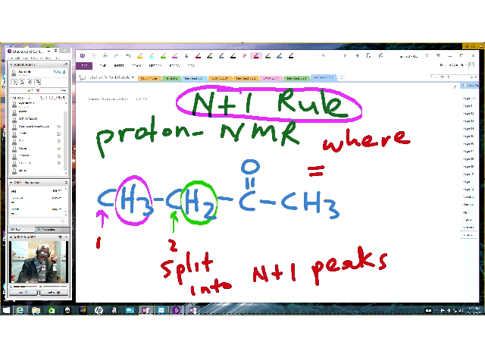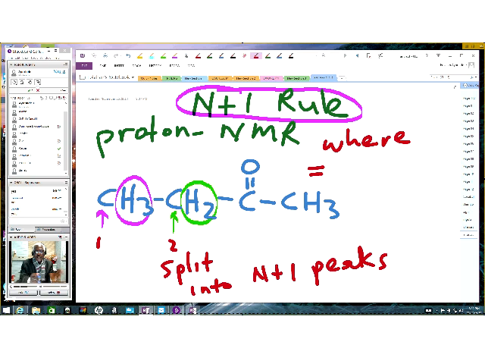If you take a look at the hydrogens attached to carbon number 2, those hydrogens will be seeing the hydrogens attached to carbon number 1. Similarly, the hydrogens attached to carbon number 1 will be seeing those two hydrogens attached to carbon number 2. So they see each other.